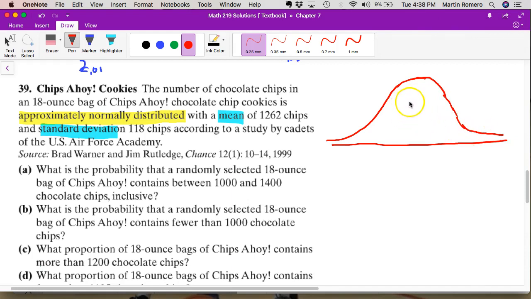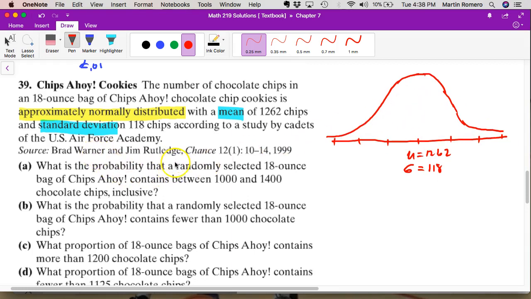If someone counted all the chocolate chips in that bag and they looked at a whole bunch of bags, it doesn't tell us how many, but we know the distribution. We know the mean is 1262 and the standard deviation is 118. And with that type of information, we can go ahead and mark off and label our normal distribution, and then we can answer questions about that.